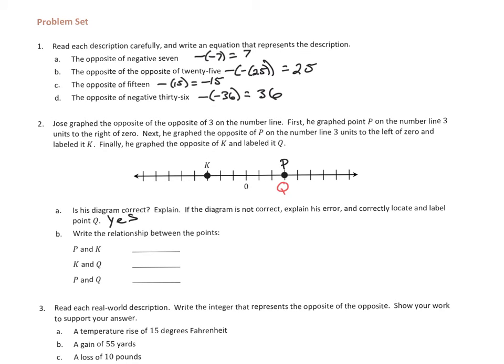Write the relationship between the points P and K, K and Q, and P and Q. So for the relationship between P and K, what do we know about these two points? They are opposites.